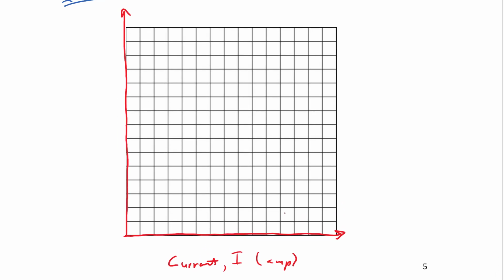Therefore, my power is my dependent variable, P, and the units are watts. And I'm going to put a multiplier in, times 10 to the 4. This tells me whatever number I have on my scale, I have to multiply by 10 to the 4 to get the actual number.